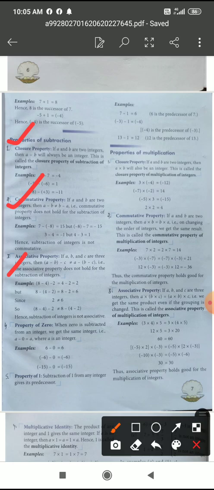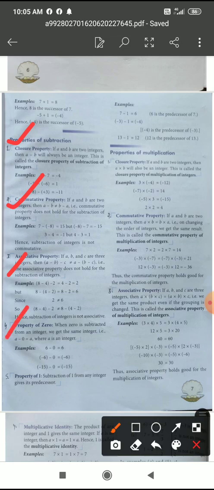But if we change the bracket, that is 8 minus (4 minus 2) equal to 8 minus 2 equal to 6. So here the answers do not match. Hence, subtraction of integers is not associative.